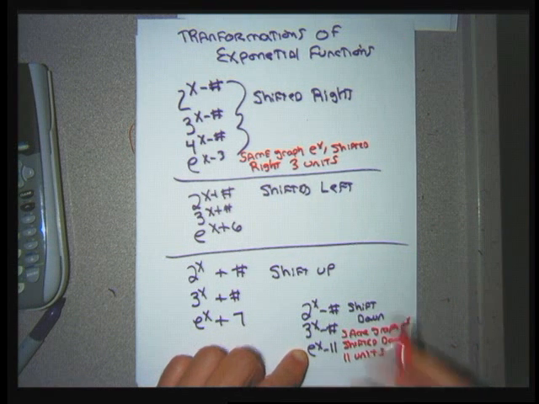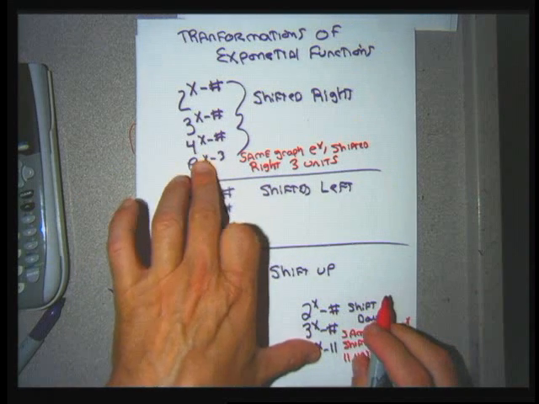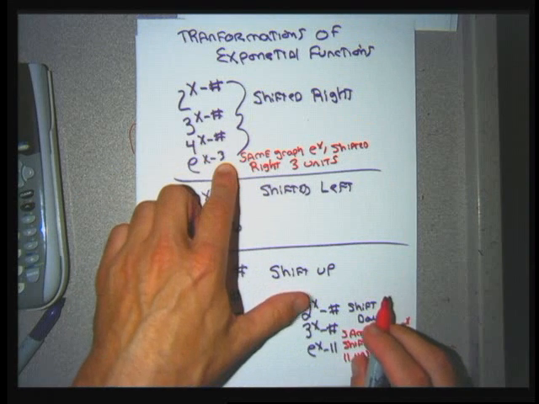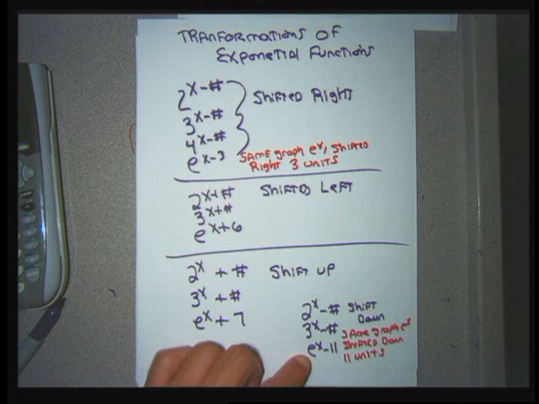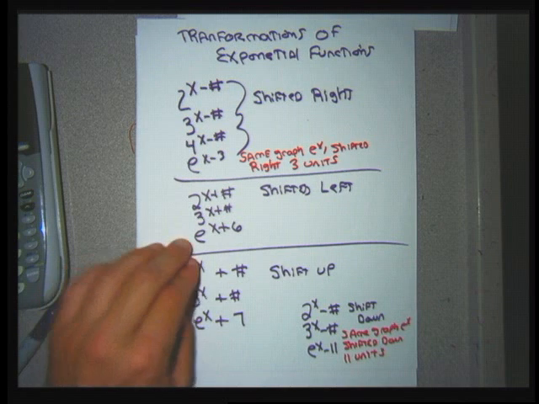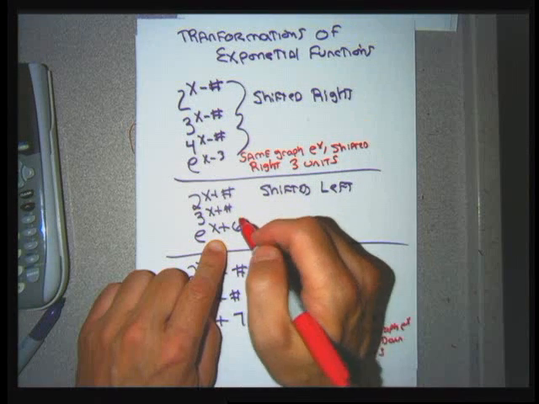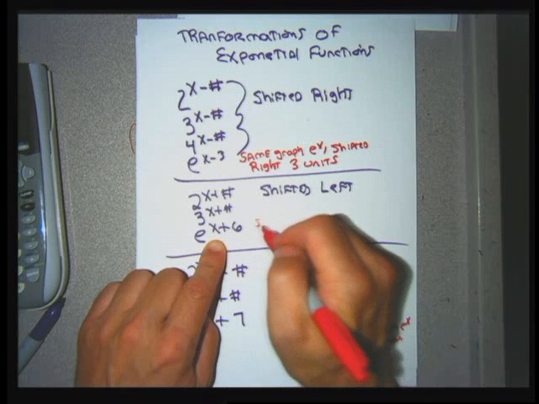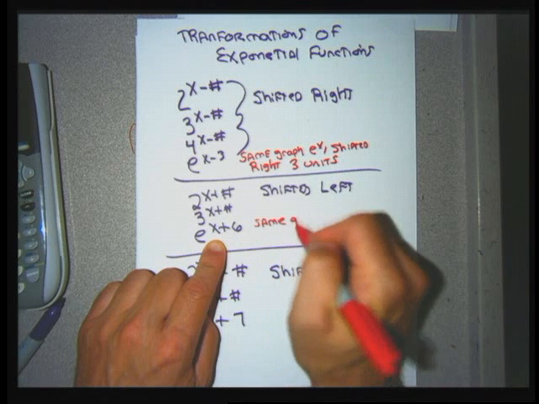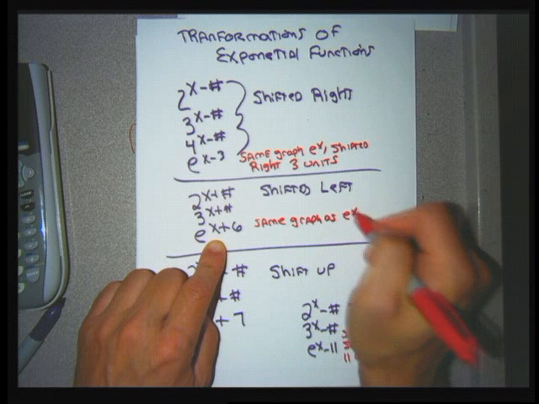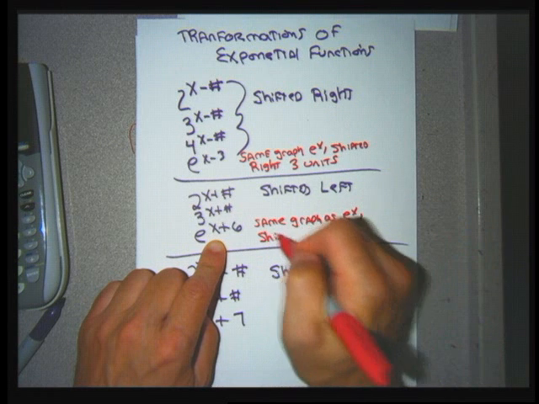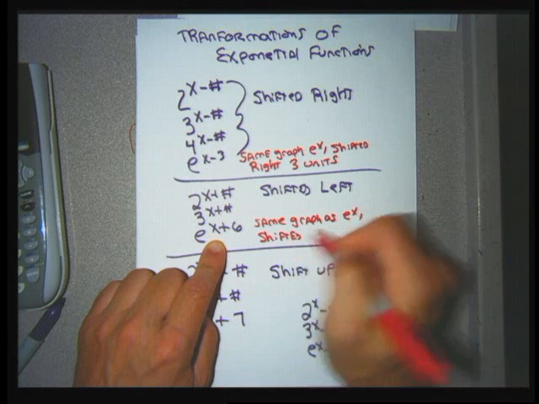So minuses will either move the graph right or move the graph down. If the minus is in an exponent, it moves the graph right. If the minus is not in the exponent and is just subtracted after the function, it moves it down. Pluses do left or up. This plus, because it's in an exponent, is going to be the same graph as e to the x, but shifted to the left.